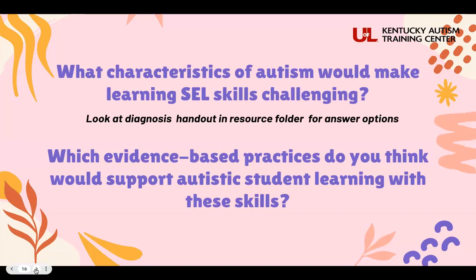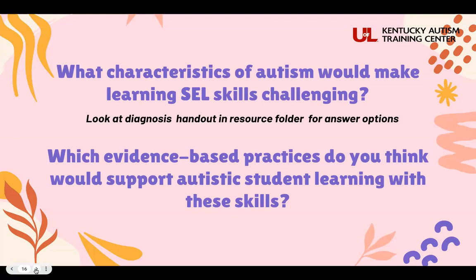Learning SEL skills on their own would be challenging because they do have those deficits in those areas, and they don't have the foundation all the time, unless they received some type of explicit skill teaching practices or strategies when they're very young, some early childhood interventions.